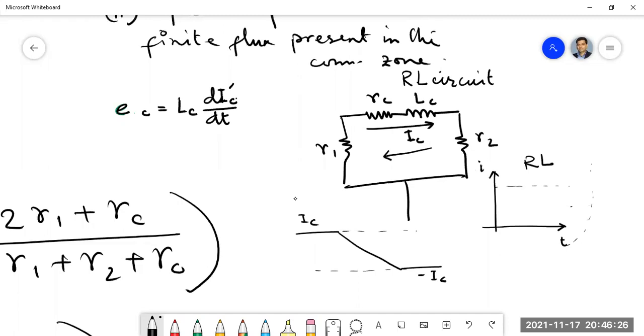It will be growing exponentially like this. The expression is some constant into 1 minus e to the power minus Rt/L. So this is a very common expression.